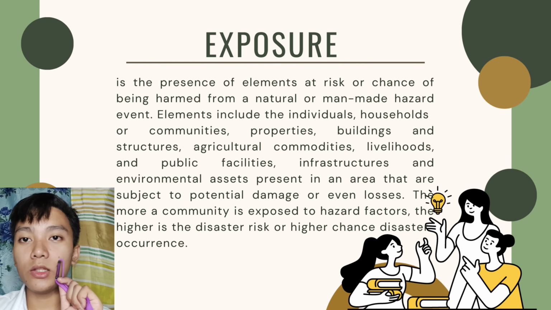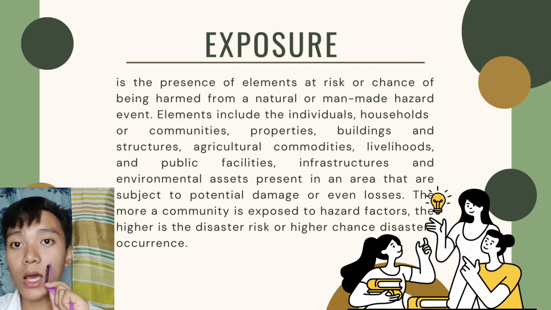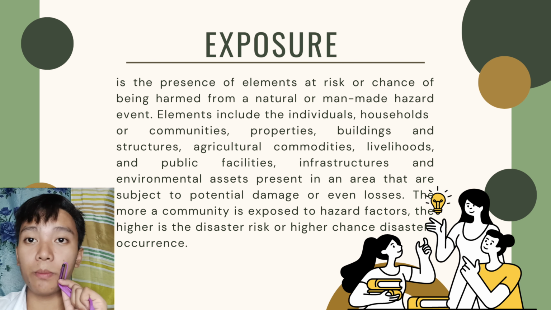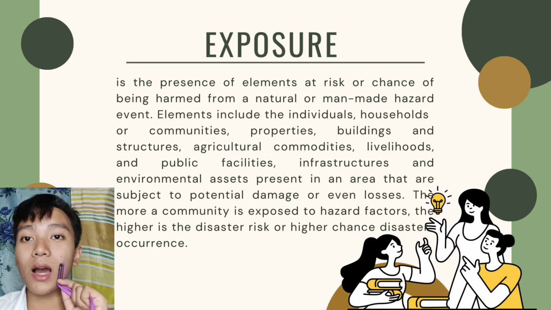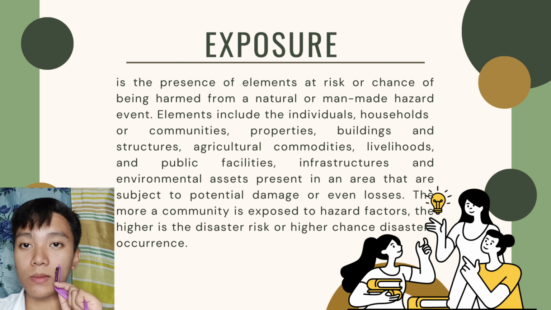Now let's proceed to the second one, exposure. Now what is exposure? Exposure is the presence of elements at risk or the chance of being harmed by a natural or man-made hazard event.